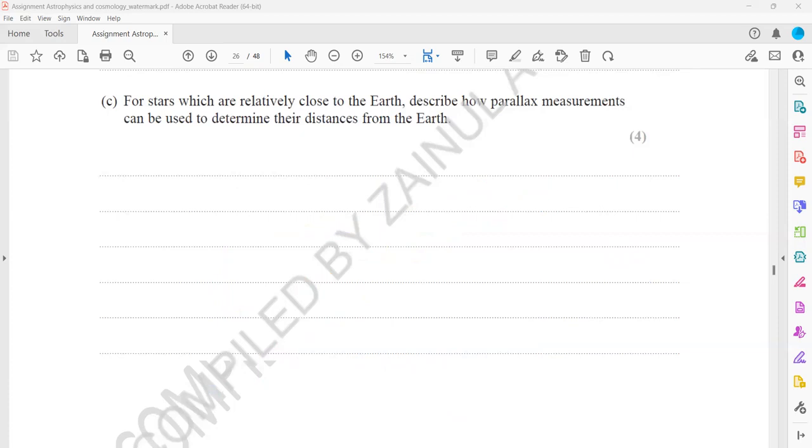So what we do, the star is viewed from two positions at a 6-month interval.